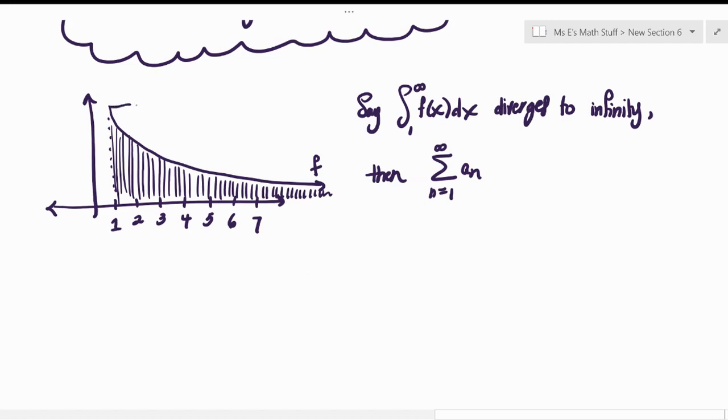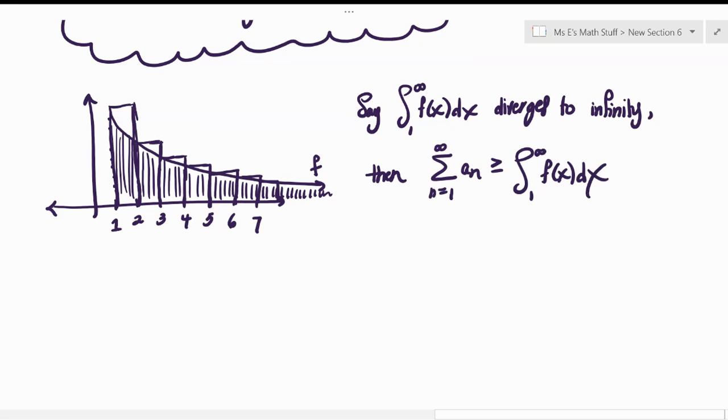Here's a rectangle of area a sub 1, and here's a rectangle of area a sub 2, and here's a rectangle of area a sub 3, a sub 4, a sub 5, a sub 6, etc. I hope it makes sense that the related sum can be shown to be greater than or equal to the integral from 1 to infinity of f of x dx.